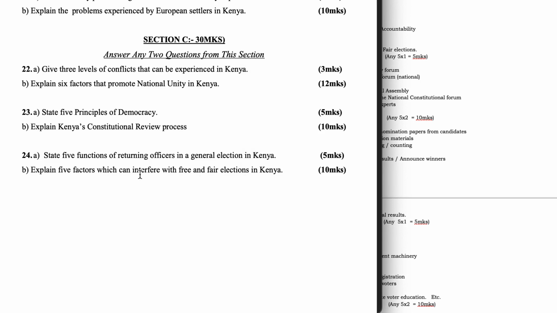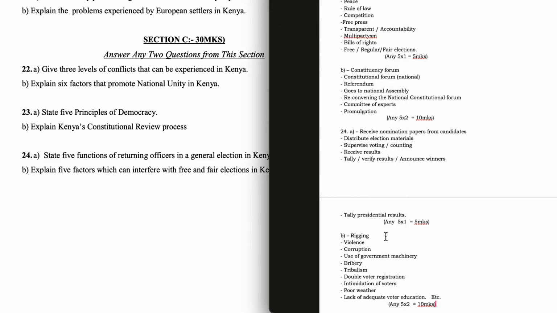Explain 5 factors which can interfere with free and fair elections in Kenya. Rigging, violence, corruption, use of government machinery, bribery, tribalism, double voter registration, intimidation of voters, poor weather, lack of adequate voter education.